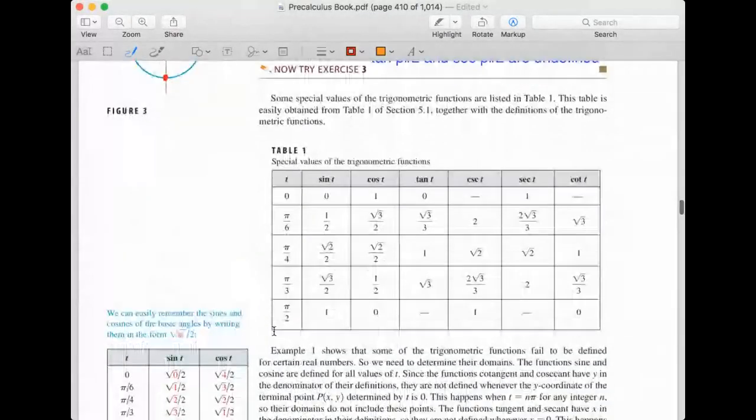All right, now comes this very important table. Let's explain this table. Try to memorize it. So pi over 6 is 30 degrees, all right? Pi over 4 is 45 degrees.